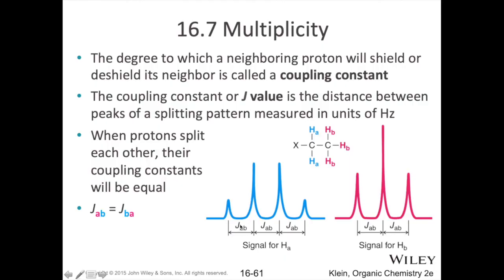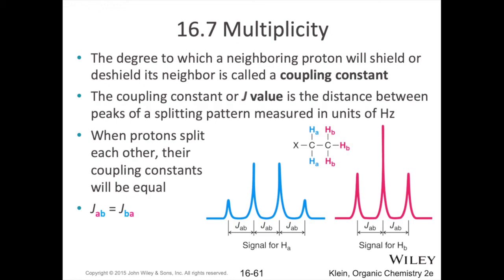It's the splitting value of the coupling constant, J, and it's caused by that interaction between hydrogens A and hydrogens B. Now, if I look at the signal for hydrogen B, which is split into a triplet by the 2 hydrogens A, that coupling constant for that triplet is going to be the same distance because it involves the same interaction. This is a very useful phenomenon because it tells you which protons are splitting each other.